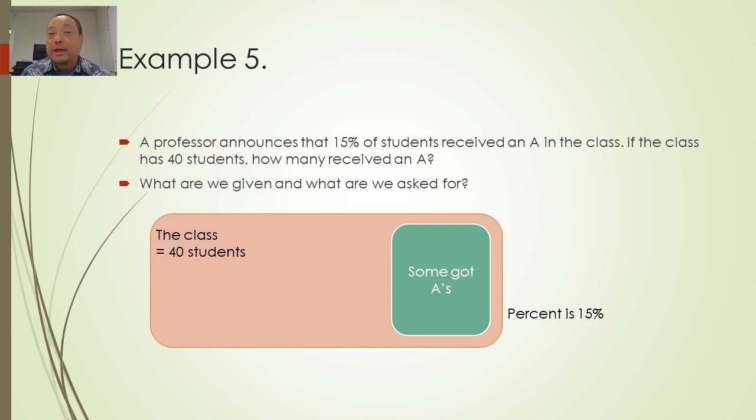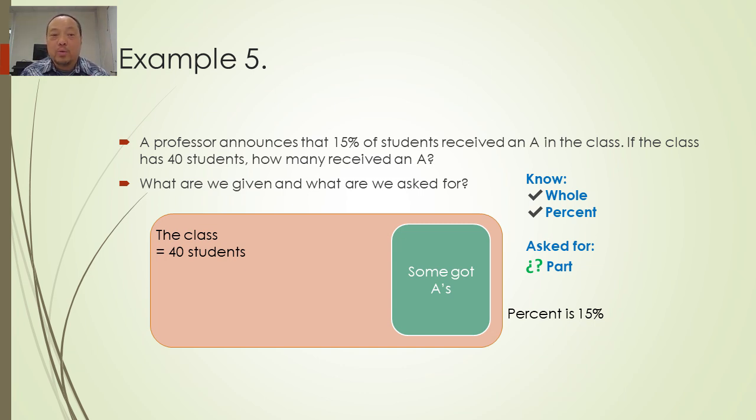So the diagram tells us that the class is the whole, the people with A's are the part, and the percent is 15%. And it asks how many people got A's. The people that got A's are the part of the whole. It's a small part, and that means we're asked for the part. And we know the whole of 40 students, and we know the percent is 15%.